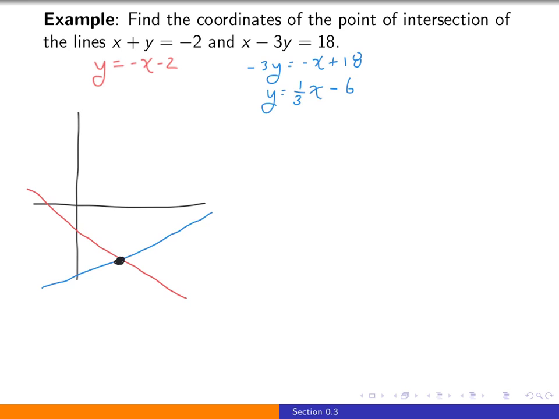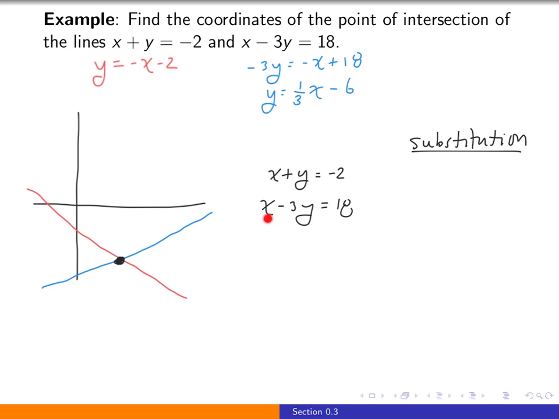So the two equations that we have, x plus y equals minus 2, x minus 3y equals 18. For this first example, we are going to use the method known as substitution. So we are going to solve for one variable in the first equation so that we have a quantity we can plug into the second equation.